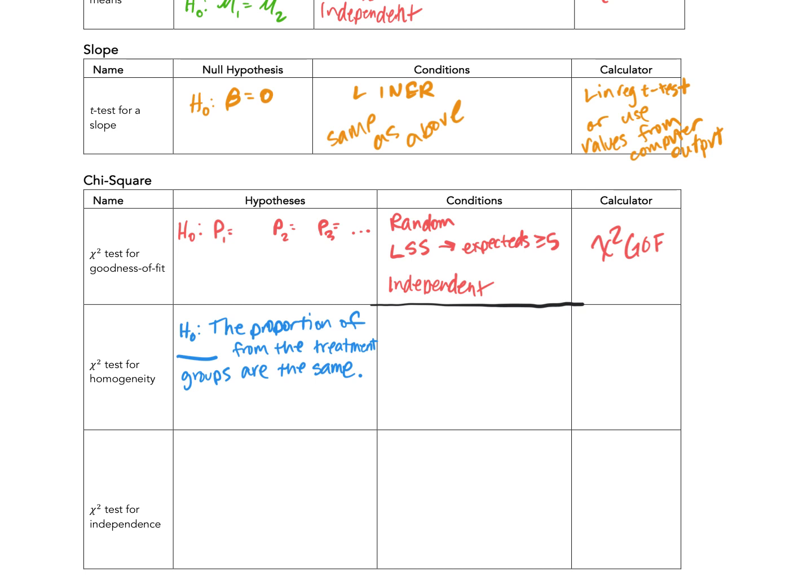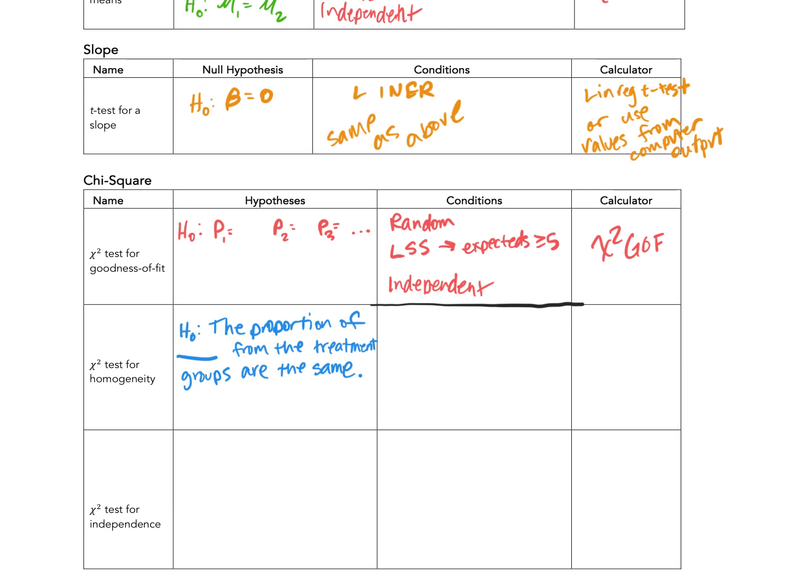So, chi-squared of homogeneity is separate populations or separate treatment groups. Most likely, the way you guys will see it is treatment groups, okay? So let's say what I have is an experiment where some group is taking a placebo and some group is taking a new drug for something.